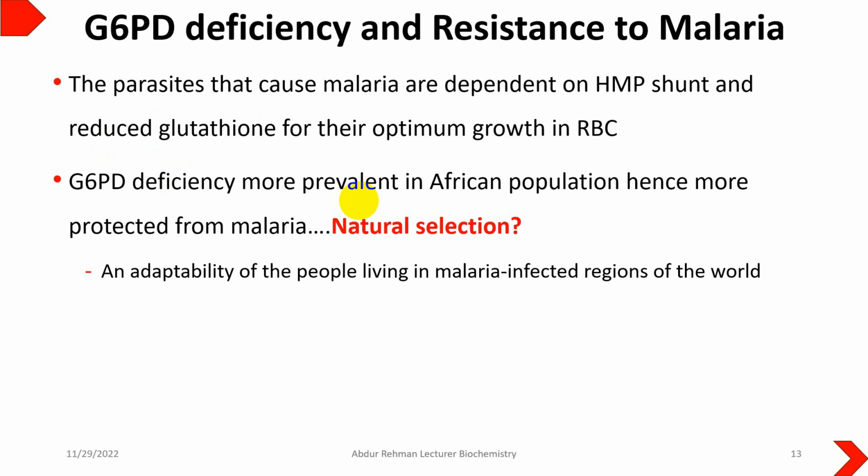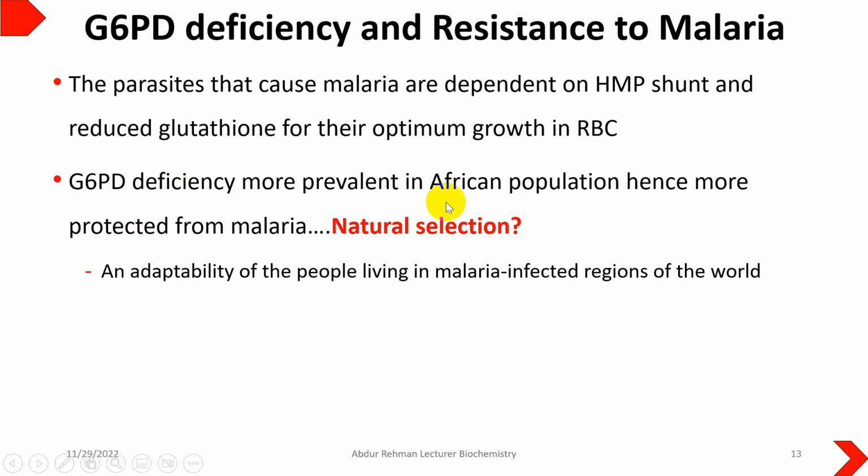It is a blessing in disguise for them, because the red blood cells are deficient of NADPH, and there is no chance for the malarial parasites to multiply and increase their level in the red blood cells, which can lead to the symptoms of malaria.